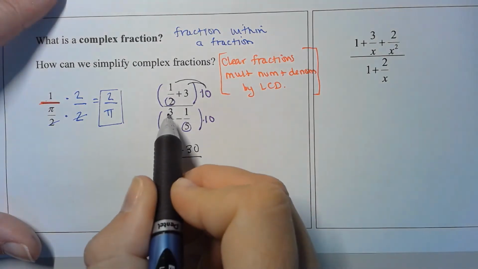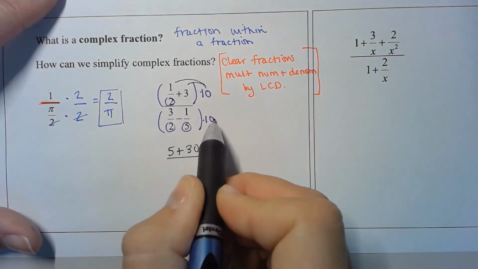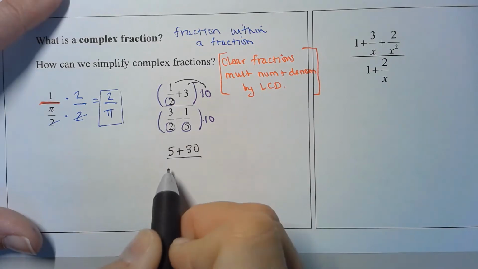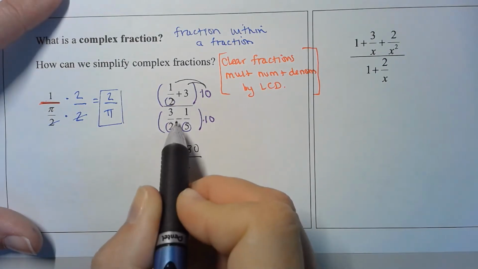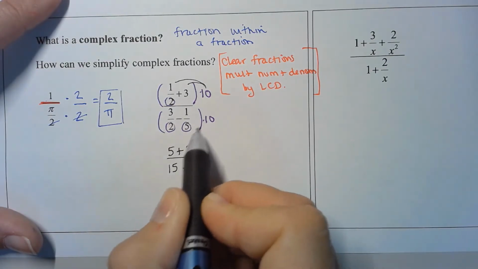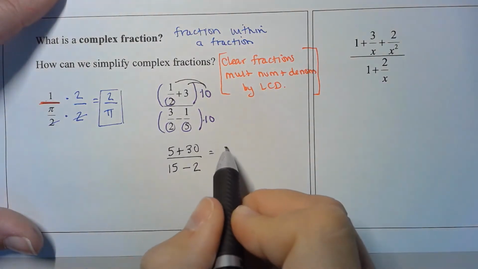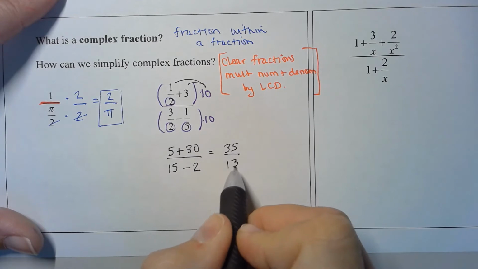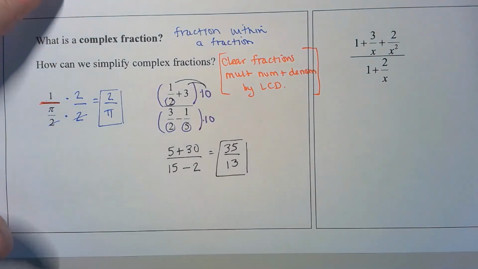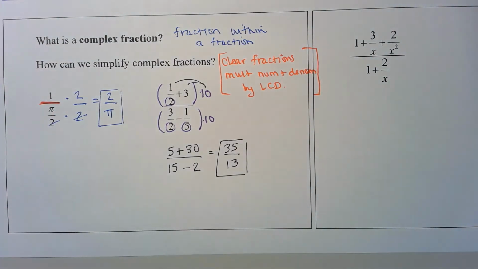On the bottom, 3/2 times 10, well, 10 divided by 2 is 5, times 3 is 15, minus 10 divided by 5 is 2, right? Fractions mean division. And so I get 35 over 13. Okay, so why I like that is because in one step, we eliminate all of the fractions.